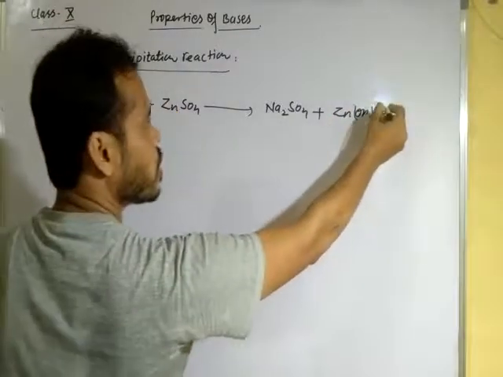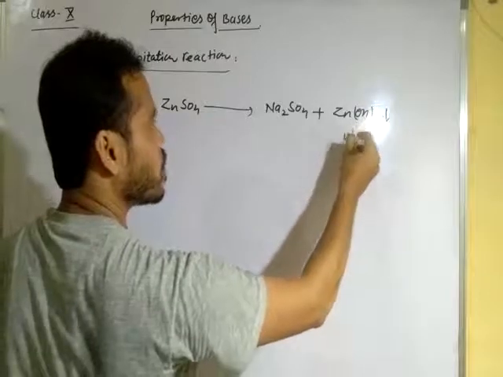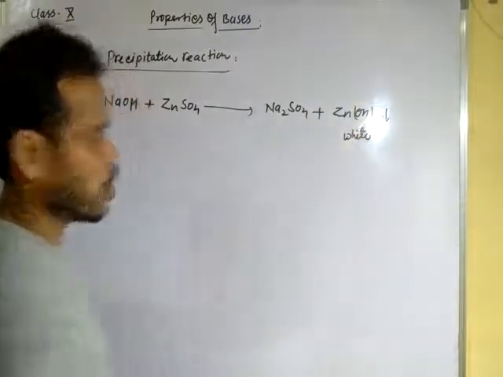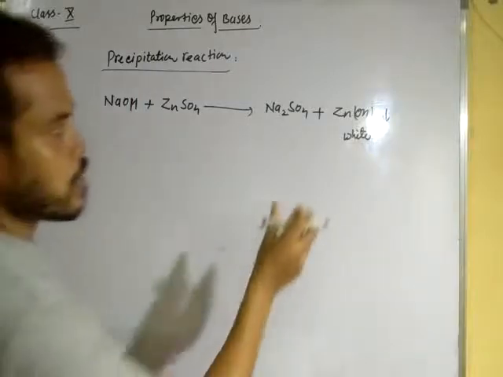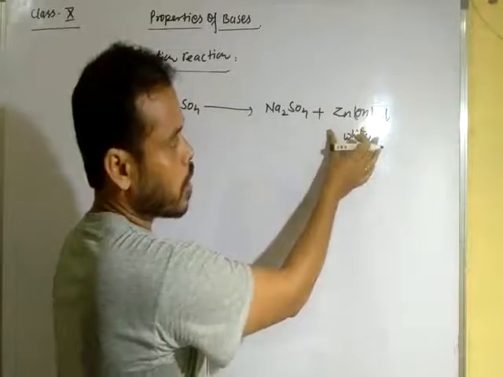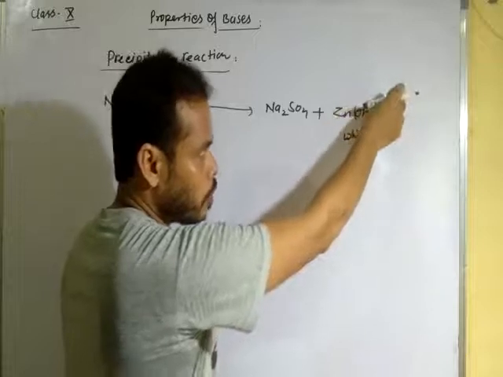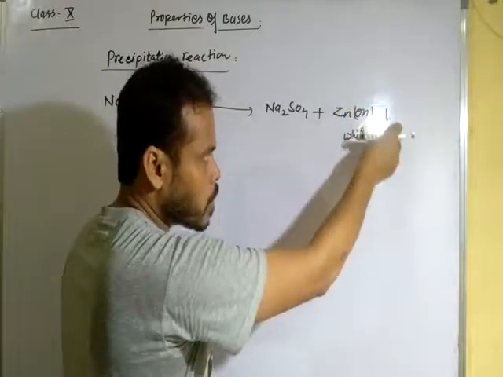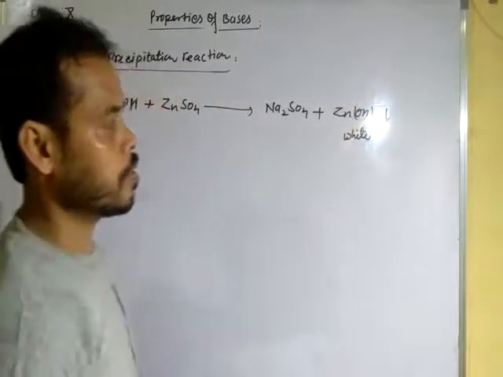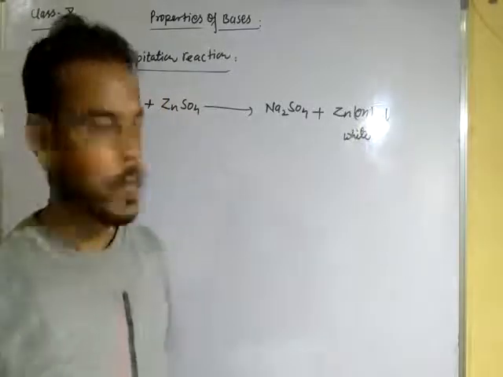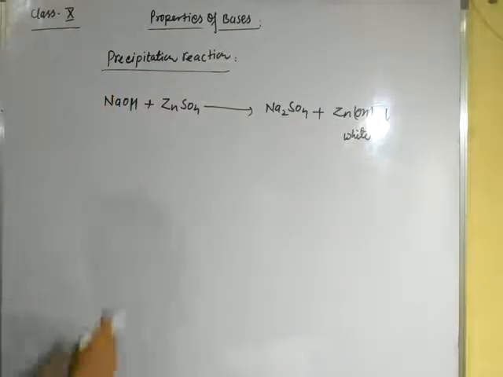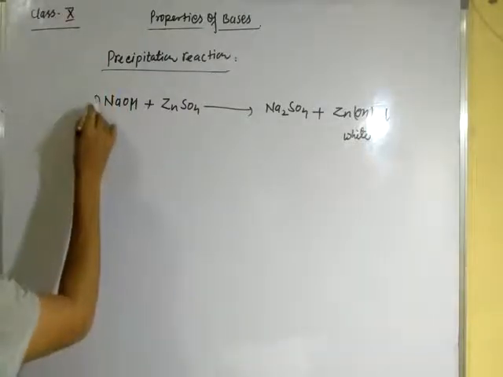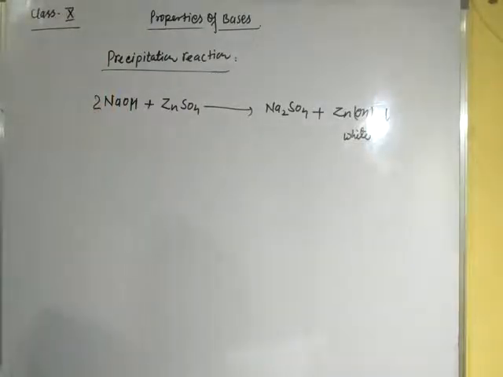Zinc hydroxide is a precipitate, a white precipitate. Clear, dear student? Because it is not soluble in water, an arrow represents the precipitate form of this compound. It is in aqueous medium, in solution form. To balance this reaction, multiply with 2. I think the reaction is balanced.